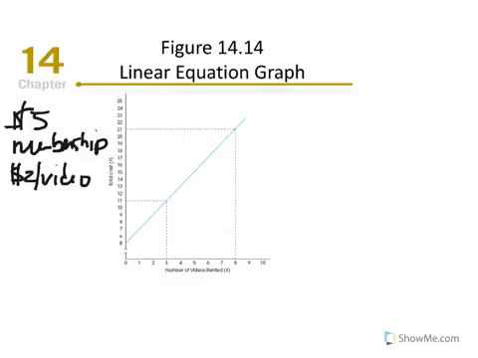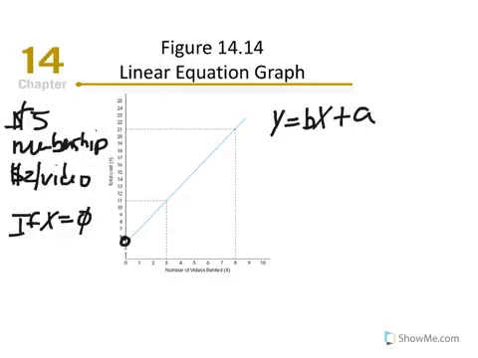We can think of that $5 as the y-intercept, because if x were to equal 0, meaning we don't rent any videos, our total cost for the year would be $5, which includes membership only. If we think of our equation, y equals bx plus a, our total cost is the y value that we're trying to solve for.